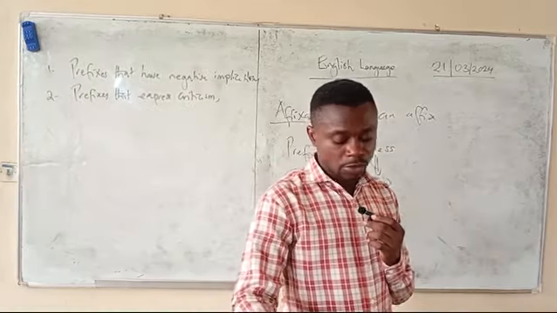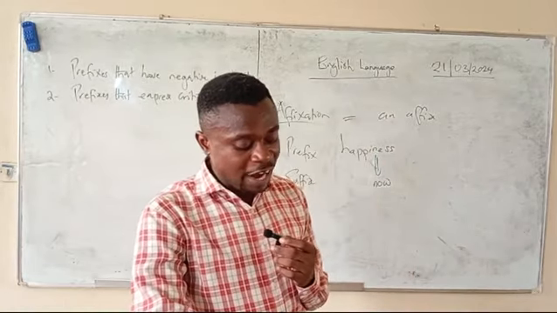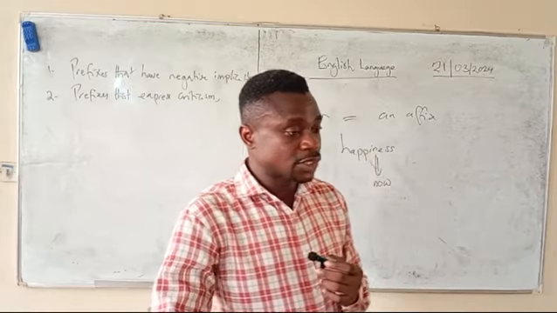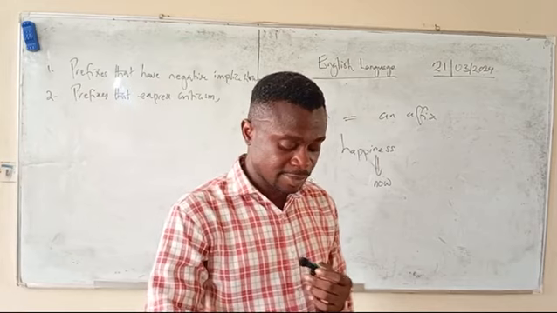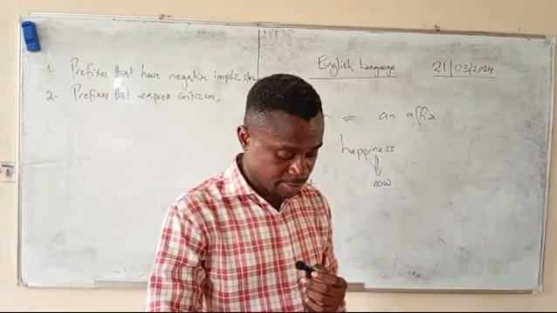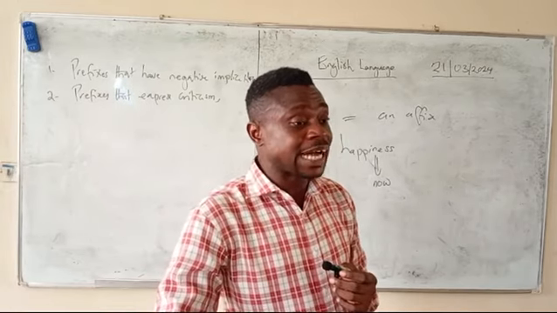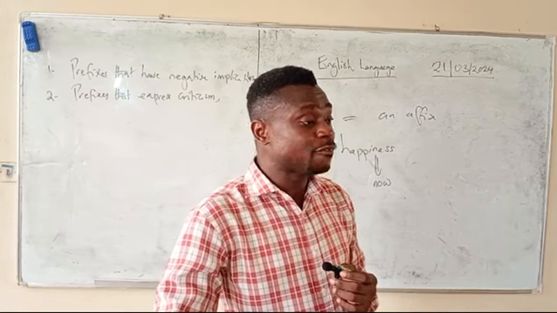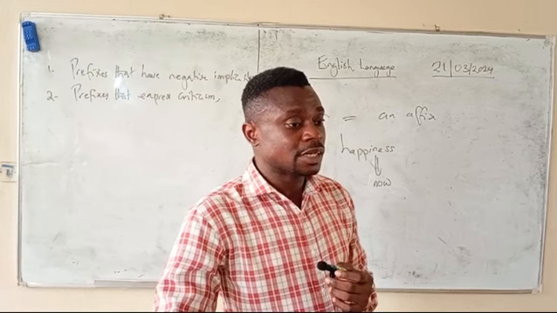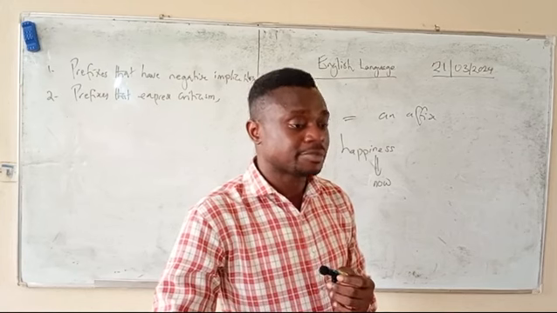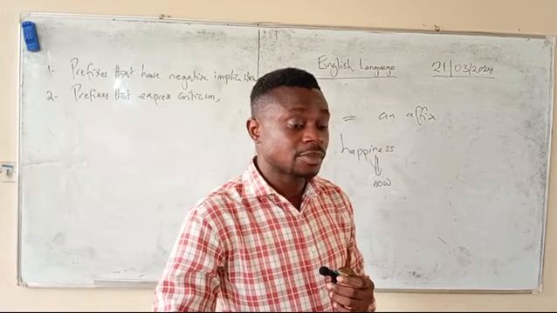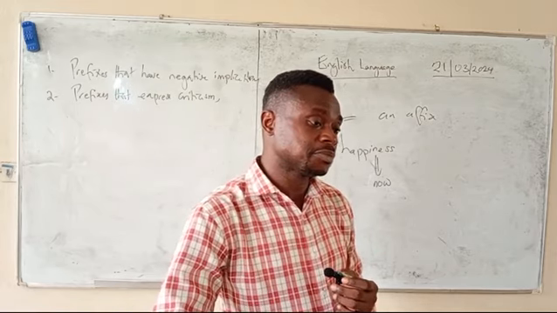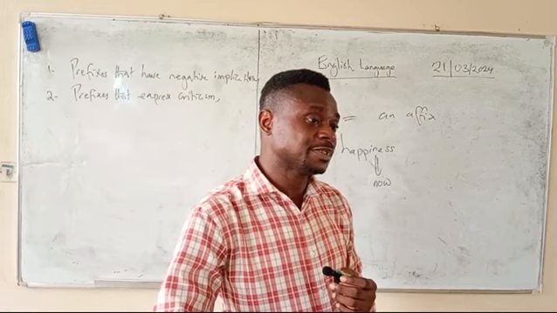So let's take them one after the other. We will take each prefix, talk about what it means, and the word class of words that can be formed by adding it. Can you stand up and walk around? You're not sleeping.